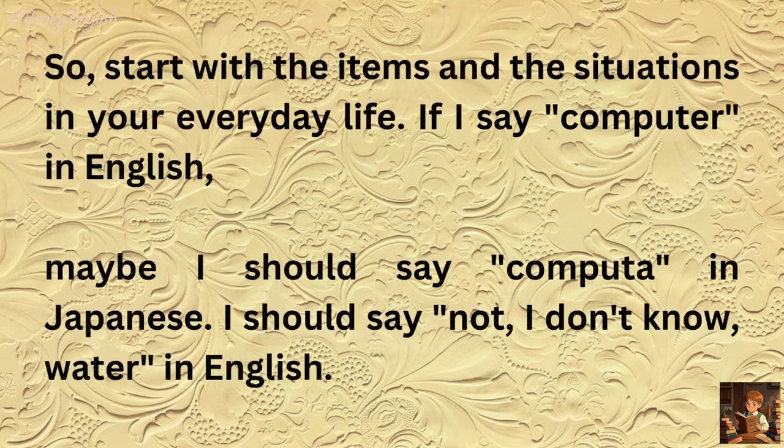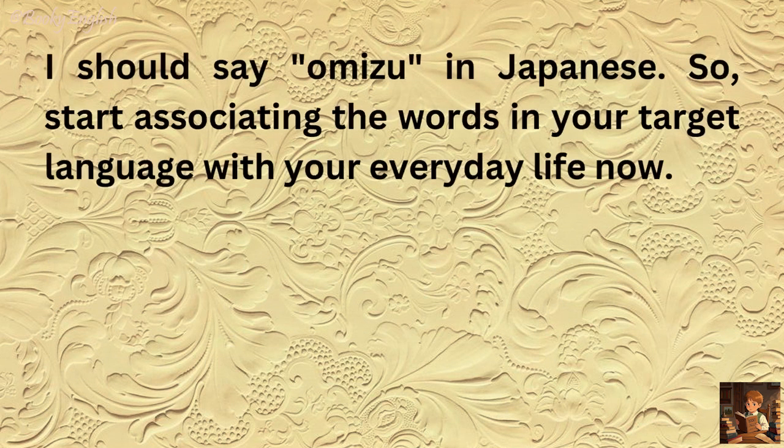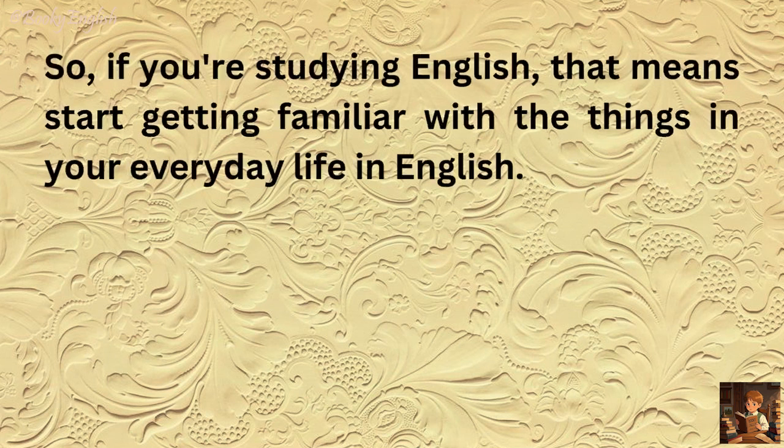I should say not water in English, I should say omizu in Japanese. So, start associating the words in your target language with your everyday life now. So if you're studying English, that means start getting familiar with the things in your everyday life in English.